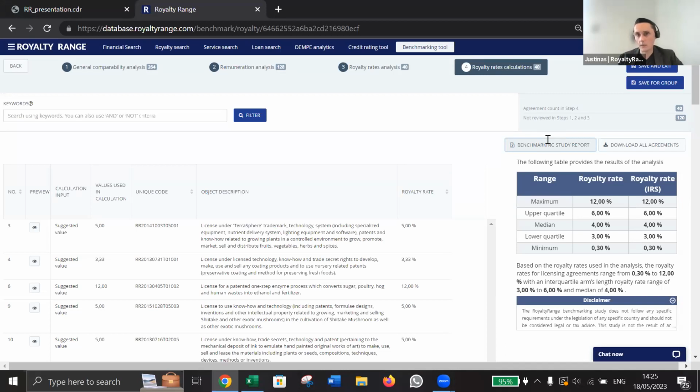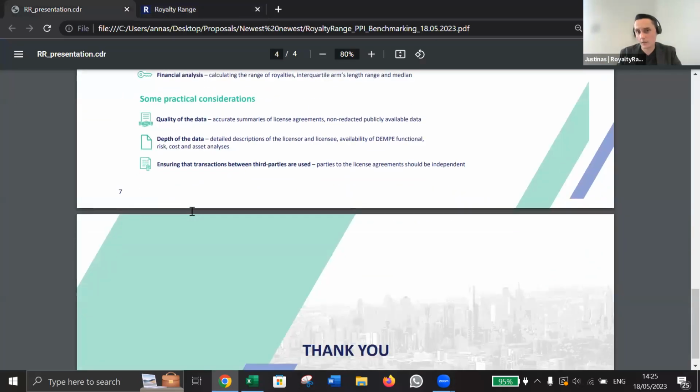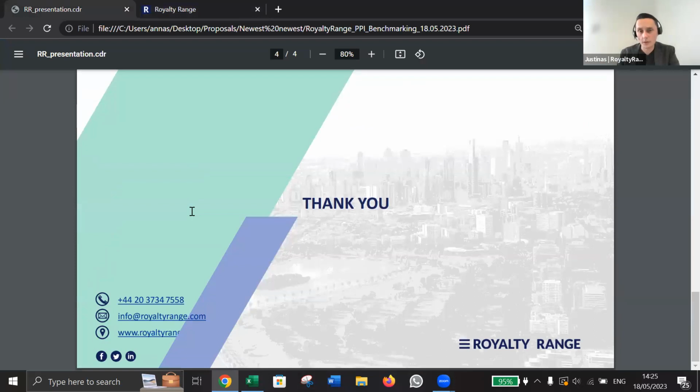So this is basically the main takeaway from the call, that intellectual property benchmarking could be a very lengthy procedure, but if you work with high quality data, if your process is separated into separate stages, it's not that complex at all. I would say that this is pretty much it from my side as far as the main topic for today is concerned.